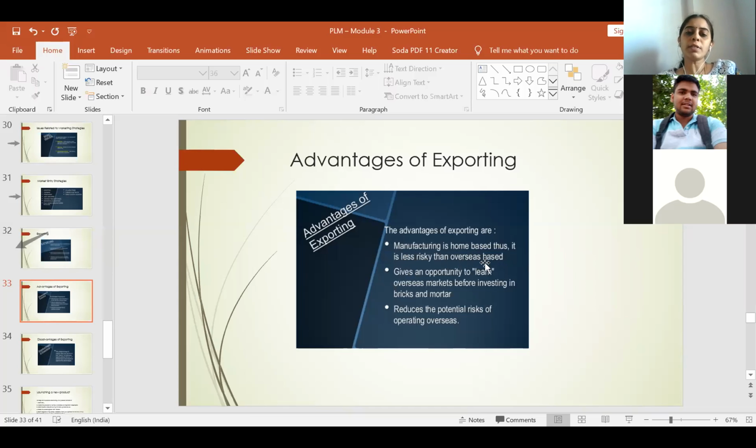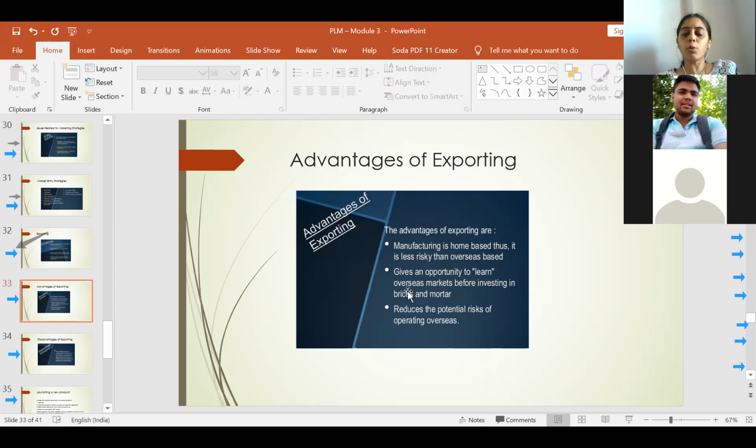In overseas, manufacturing is riskier than manufacturing on a home basis. So this is one advantage of exporting, because you find home manufacturing less risky than overseas based manufacturing. Second, it gives an opportunity to learn overseas markets before investing in other things.